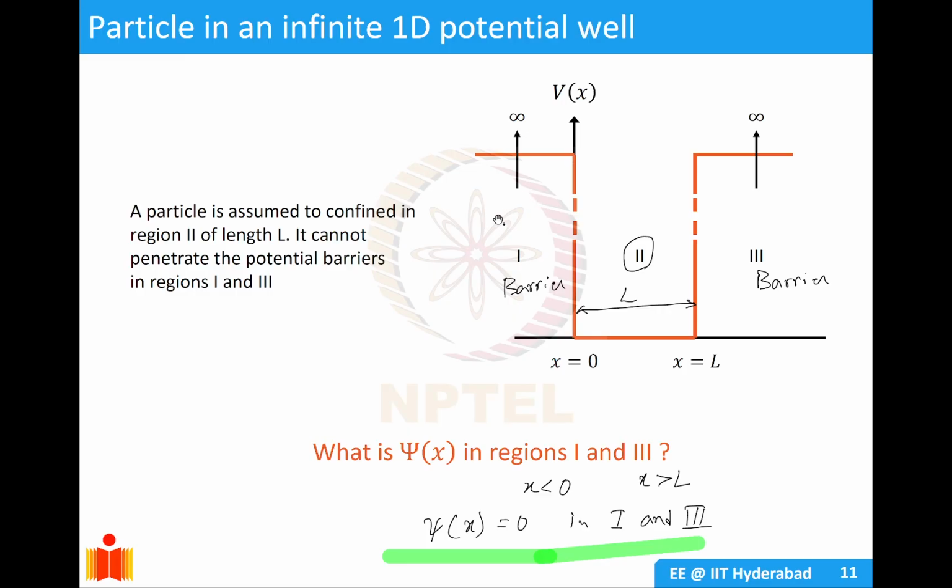There won't be any particles here. We know that psi of x has to be continuous at the boundaries. So if psi of x is 0 here, then psi of x is 0 at the boundaries also. So psi of x is 0 in regions 1 and 3, and psi of x is also 0 at x equals 0 and x equals L.